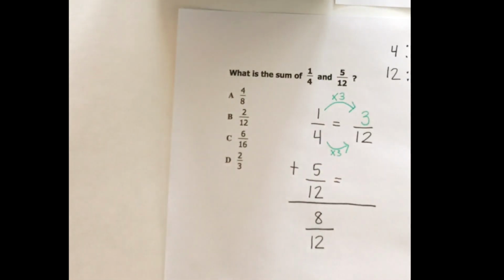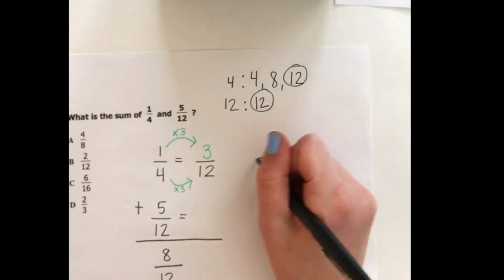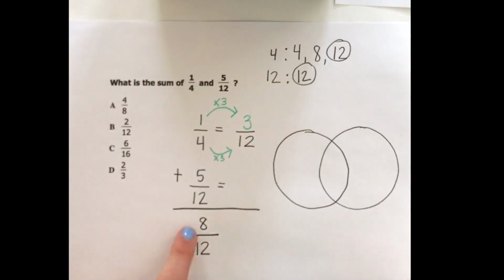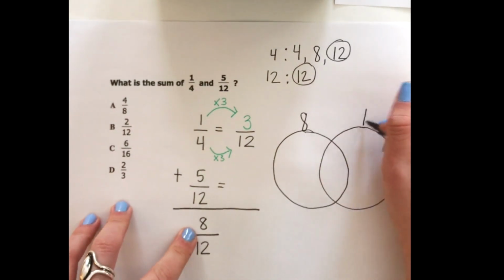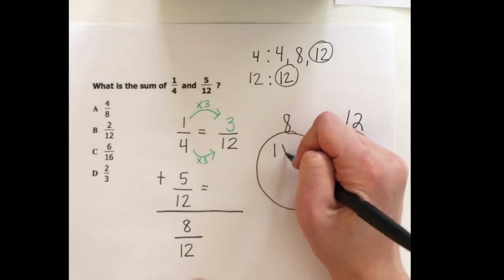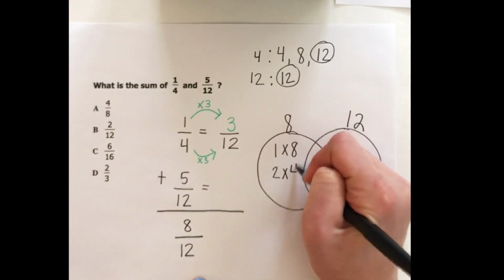Now I don't see 8/12 over here, but I know that we did everything right, which means I need to simplify my fraction, which means we're really just breaking it down. So I'm going to draw our Venn diagram here. And my numbers and my answer are 8 and 12. So I'm going to list the factors of 8. 1 times 8, 2 times 4, sorry.